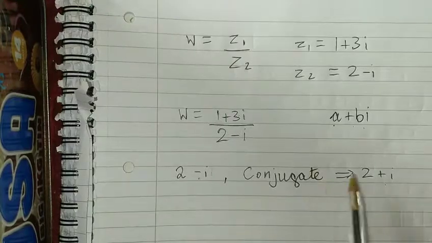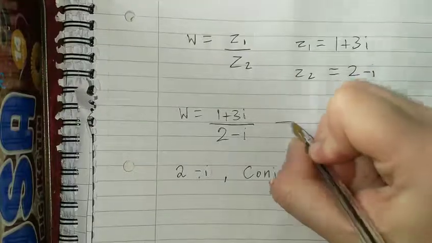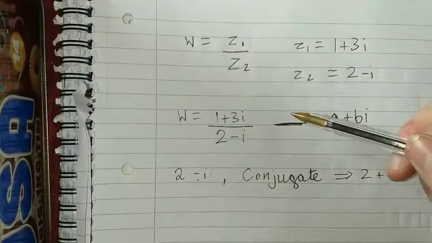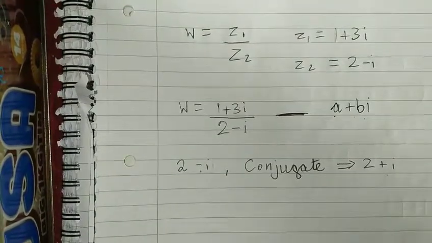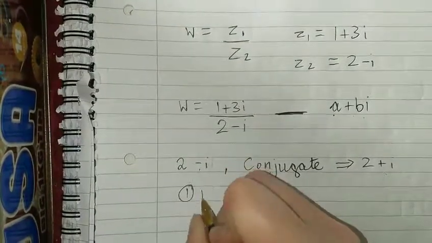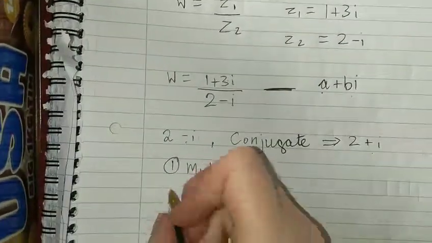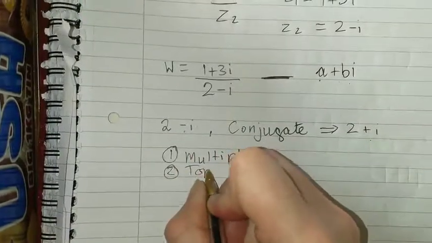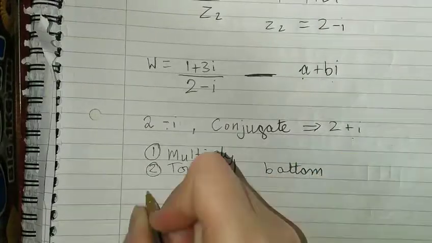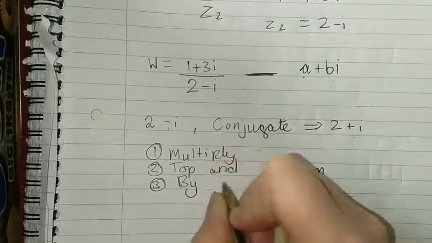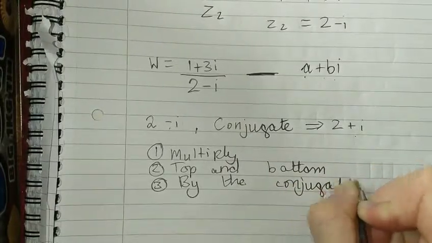So I am going to multiply the bottom by its conjugate, but if I don't want to change the equation, I have to multiply the top and the bottom by the same thing. So I'm really only multiplying by 1. So my steps are, we multiply top and bottom of the fraction by the conjugate of the bottom.